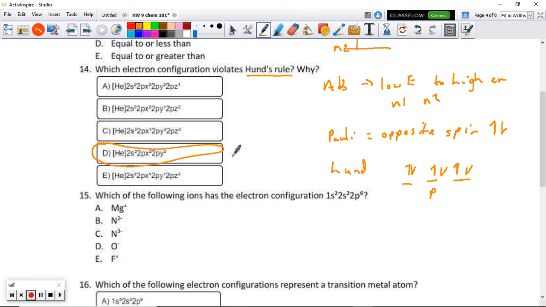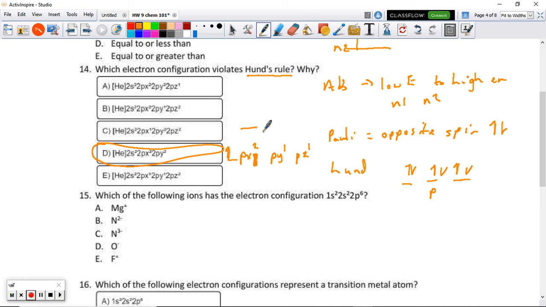What you should have is 2px1, 2py1 and 2pz1.